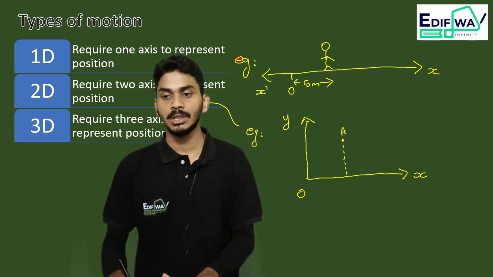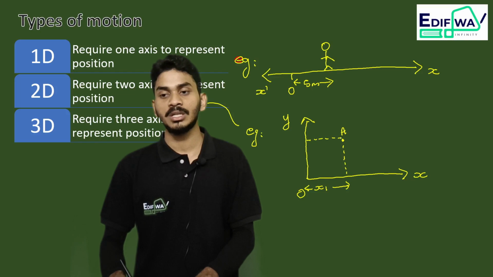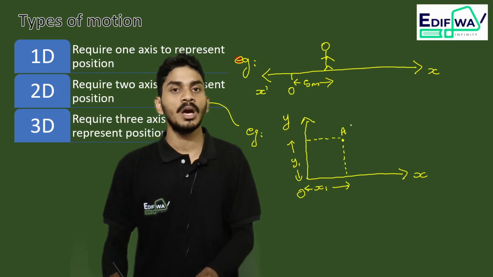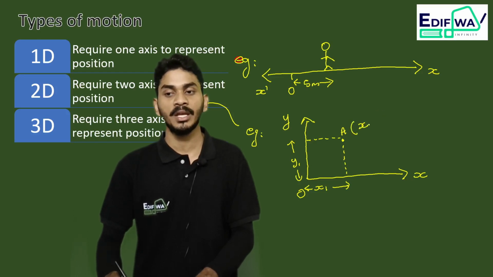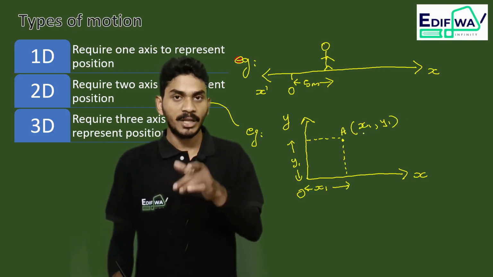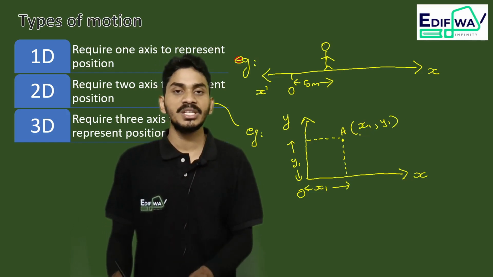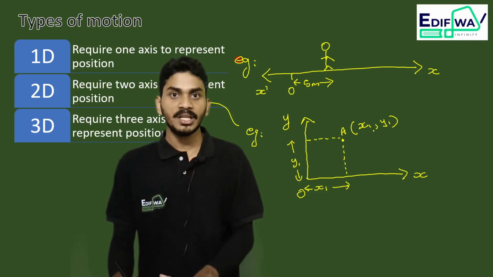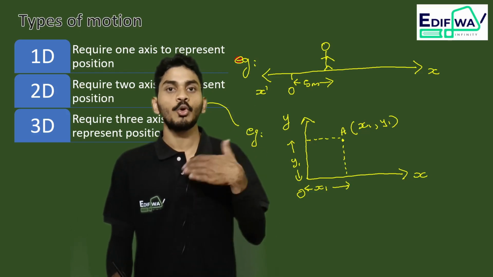You have to measure the distance along the x-axis. Suppose the distance is x1, and when you measure the distance along the y-axis, suppose the distance is y1, then what will be the position of that point A? It will be the ordered pair x1 comma y1, and also you can see that this motion is taking place in a surface, right, in a plane. So that is what is meant by motion in a plane.